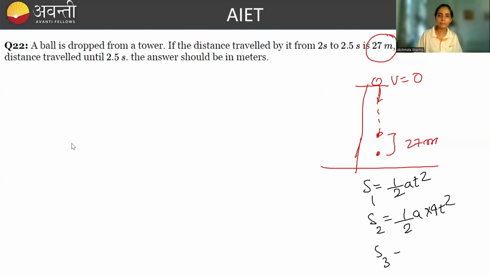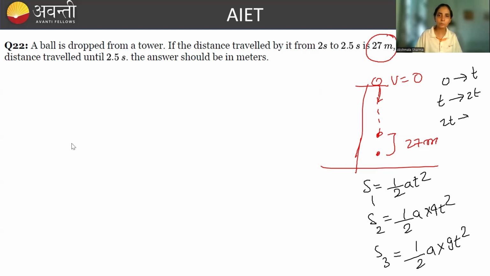In t time, how much distance? Half a t square. In 2t time, how much? Half a 4t square. In 3t time, how much distance will it cover? Half a into 9t square. Now if I ask you this question: from 0 to t it covered a certain distance. From t to 2t, how much distance did it cover?